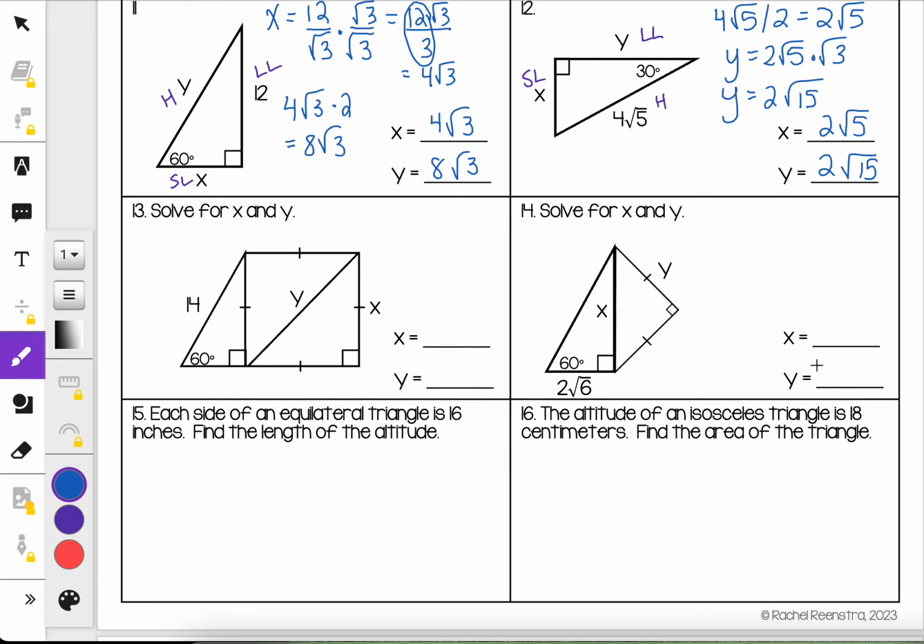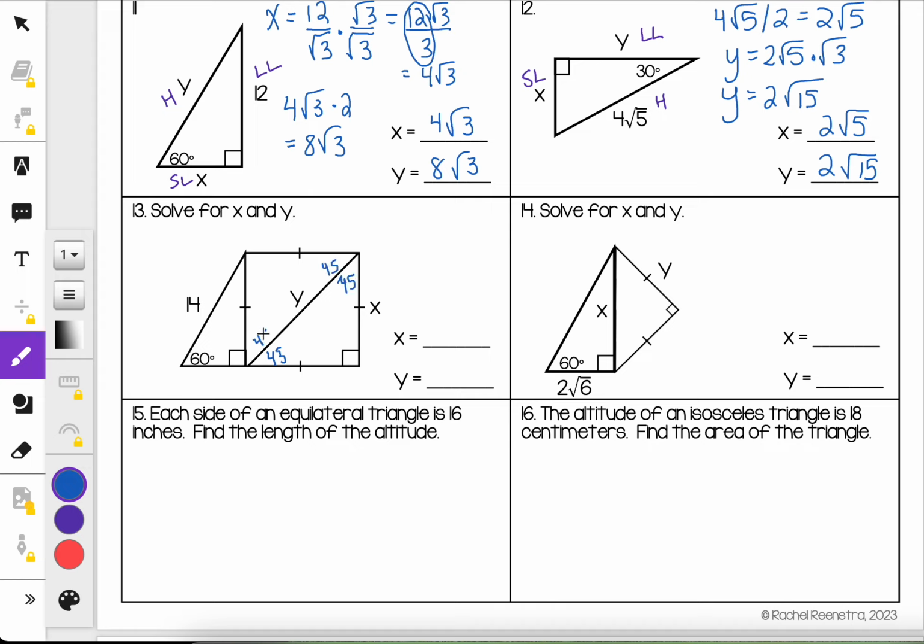Okay, now 13 through 16 are a little bit trickier. So for number 13, I am given a 30, 60, 90 triangle over here, and then I have a square with a diagonal. So I know that these two triangles here are going to be 45, 45, 90 triangles.